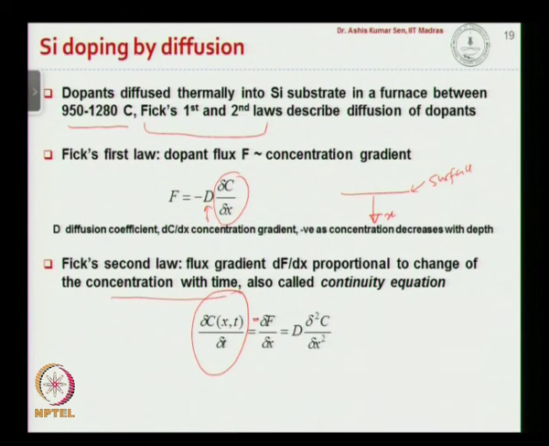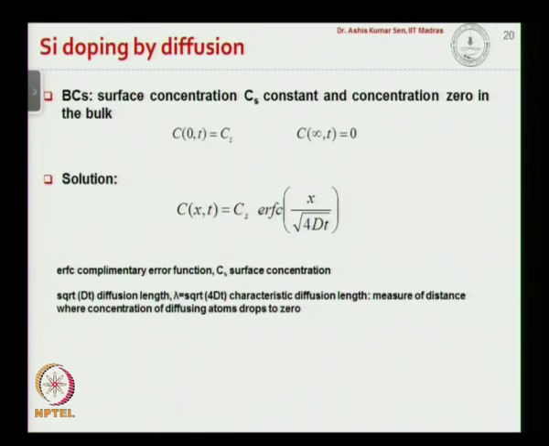So there is a negative sign here because the flux would reduce with increase in X. So again, if you use the expression for F from Fick's first law, this is the equation you get. Okay. Now to solve this equation we need boundary conditions. Okay. So we need two boundary conditions here. So these are two boundary conditions.